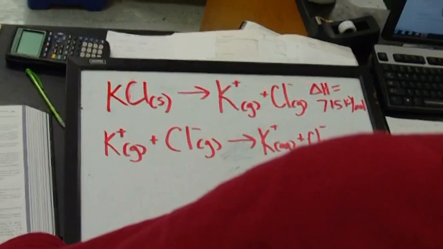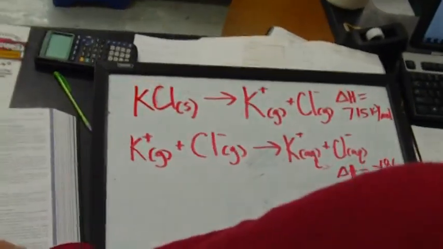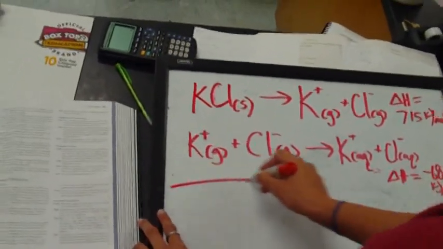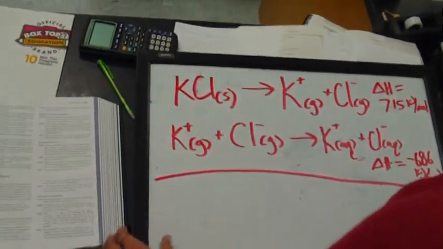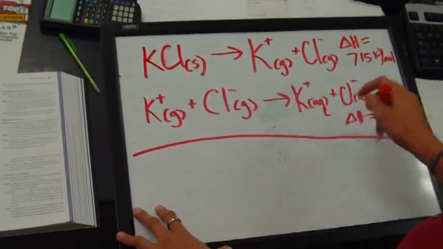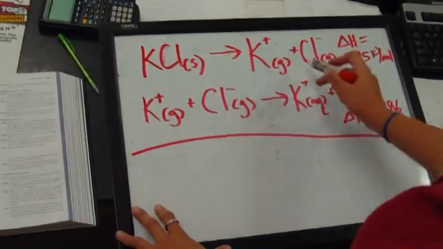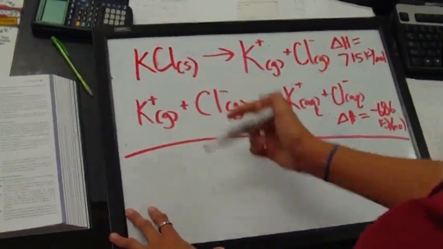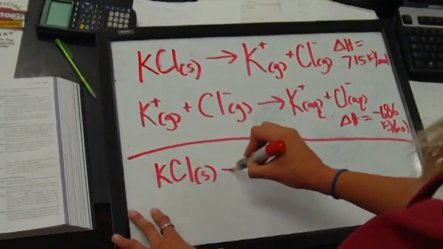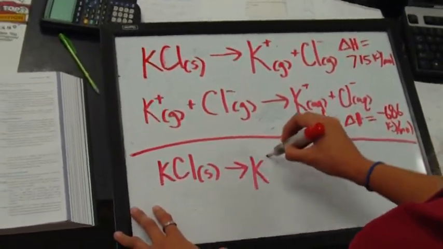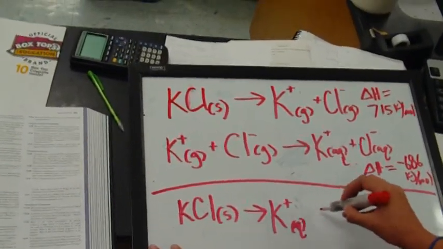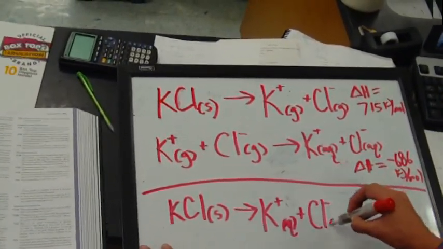So to calculate the enthalpy of the whole solution, we're going to have to add these two together. These are going to cancel out since they're the same on both sides, so we're going to end up with potassium chloride solid giving us aqueous potassium ions and aqueous chloride ions.